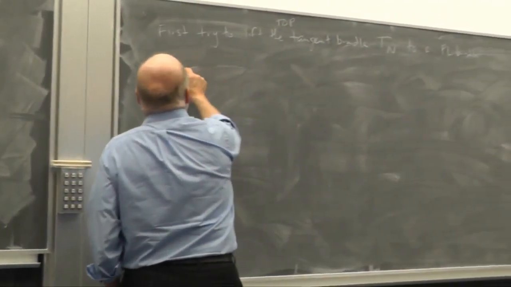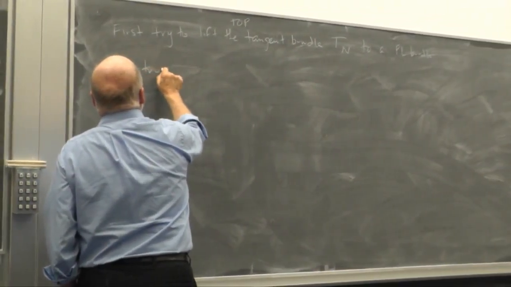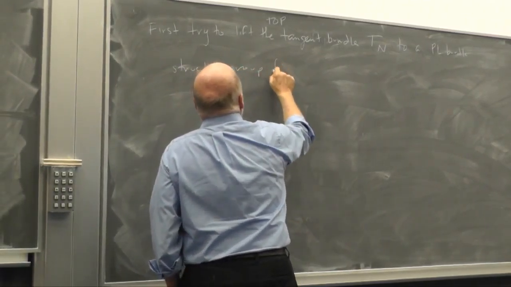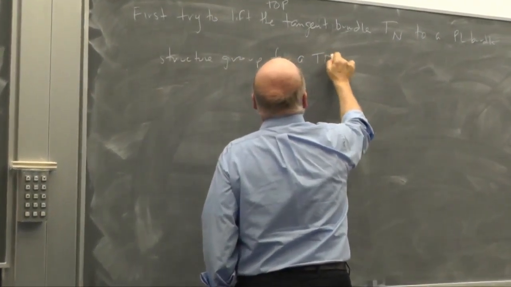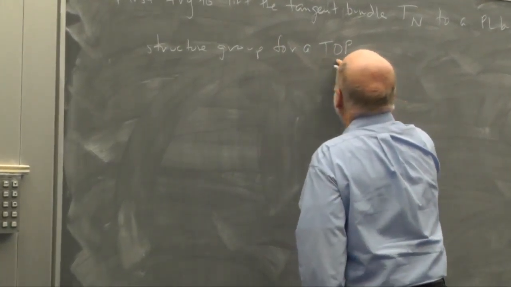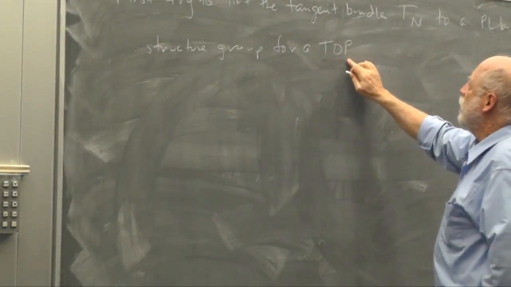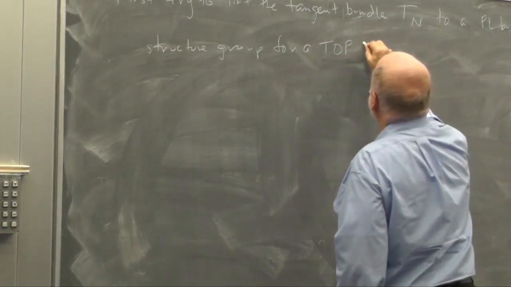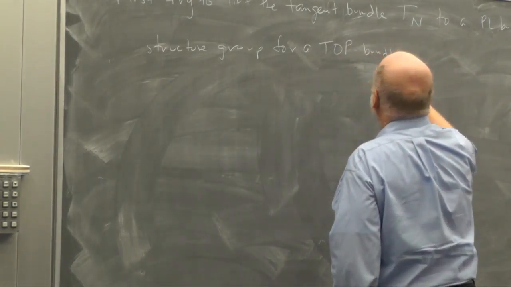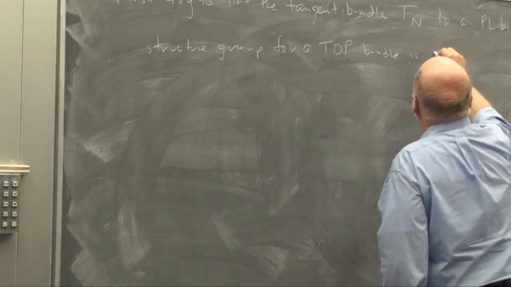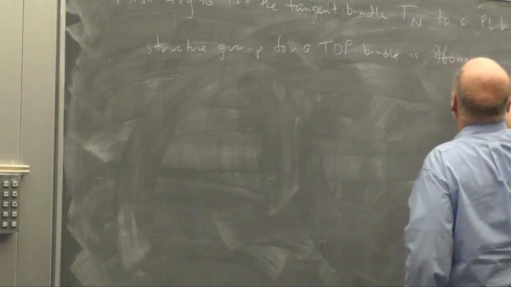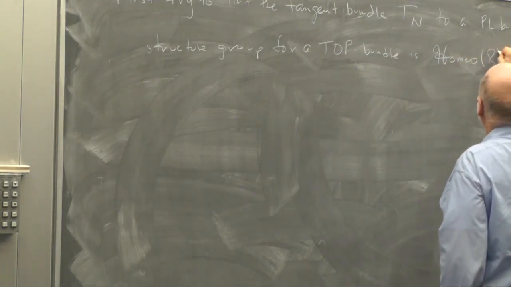So what you say is the structure group for a top bundle, this is just the abbreviation that corresponds to PL and diff and so on. For a top bundle it is just the homeomorphisms of R^n.